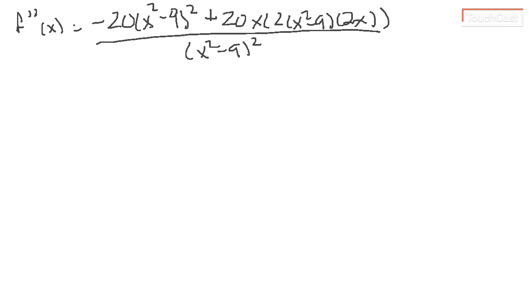Now let's clean this up. I do notice in both terms they've got an x squared minus 9 and a 20. So I'm going to factor that out right away.